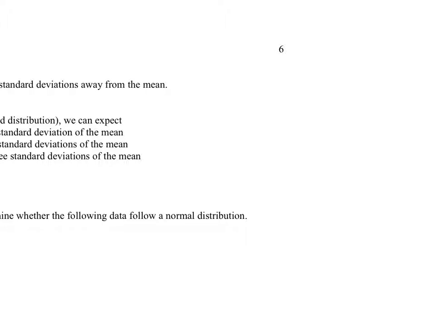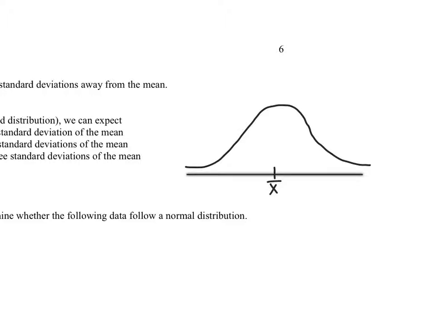I'm just going to draw a quick sketch of a normal curve off on the side here, best I can anyway. I'm going to put an x-bar in the middle, and then 1, 2, 3 tick marks to the right and 1, 2, 3 tick marks to the left.